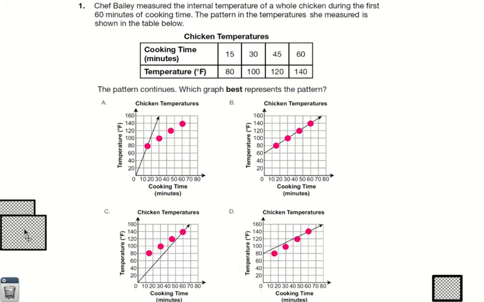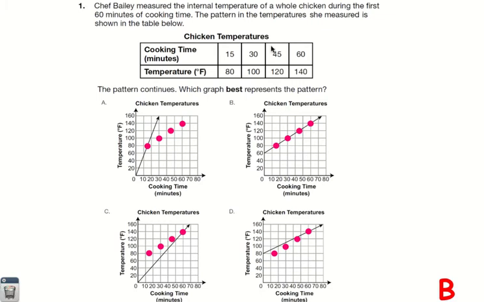Graphing those 4 points, it looks like this graph with this line definitely matches it the best.